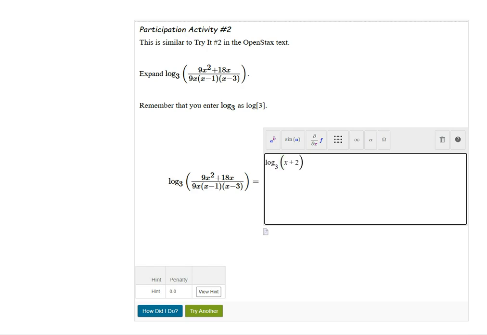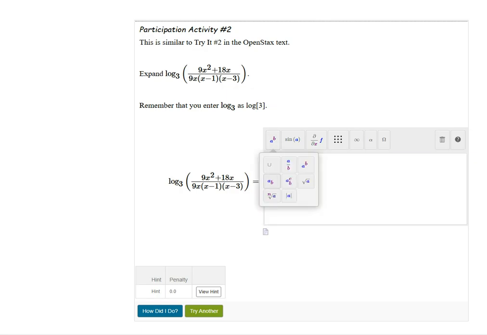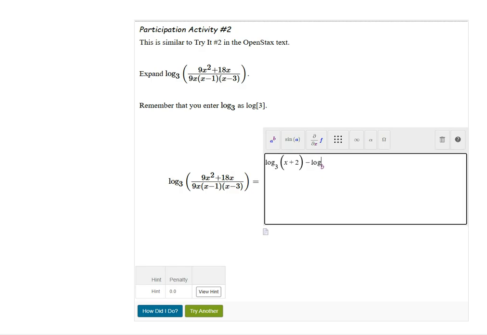Then it's going to go minus, and now you hit your toolbox up there and pick that one, and it's LOG, scroll to the B, change that to a 3, delete the B, scroll over, and the first one was an x minus 1.